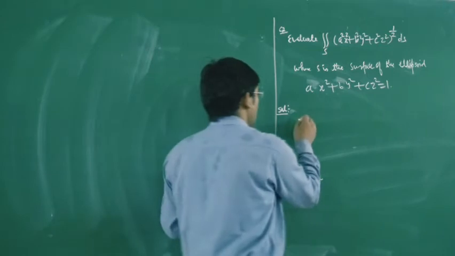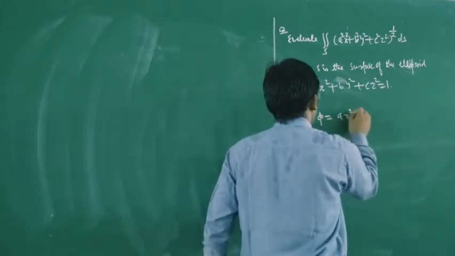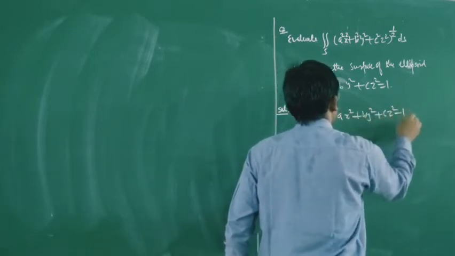So let us assume the scalar point function phi as ax square plus by square plus cz square minus 1.